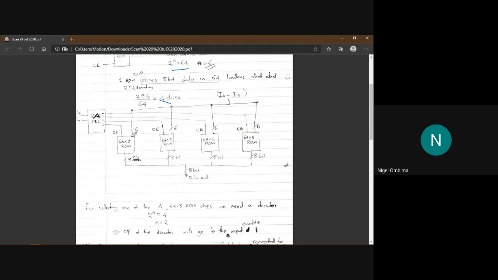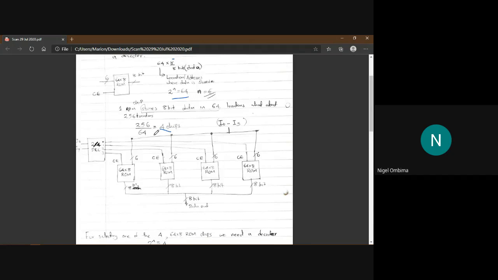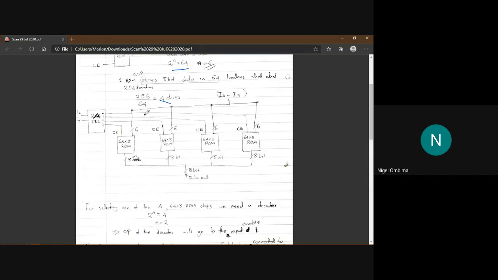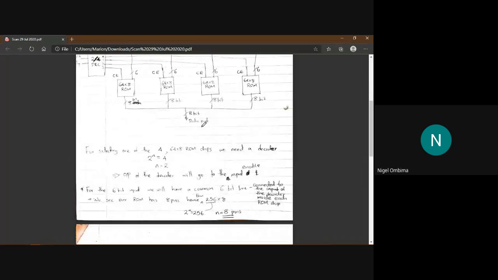Then we're remaining with these ROM inputs, which have N inputs. So I took these N inputs and connected them to one line.